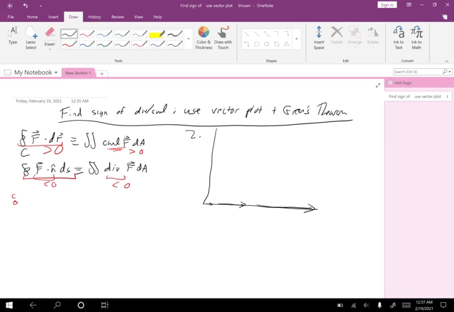It'll be a radial vector field, and it'll be smaller near the origin, and it will get bigger as we get outside. So how do we find the divergence and the curl? What we need is a curve.